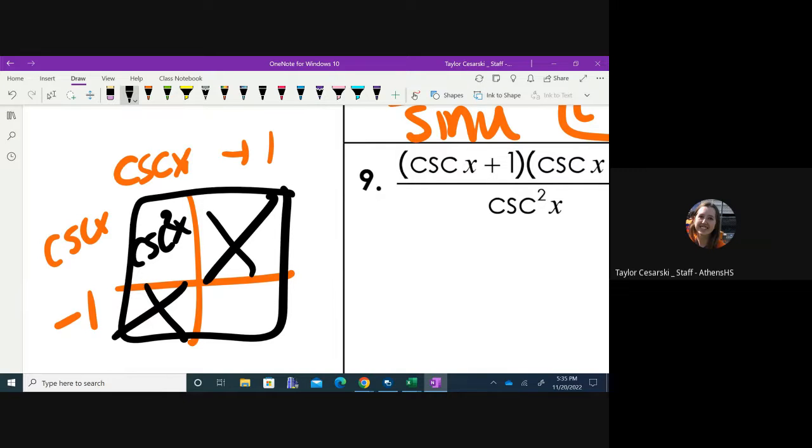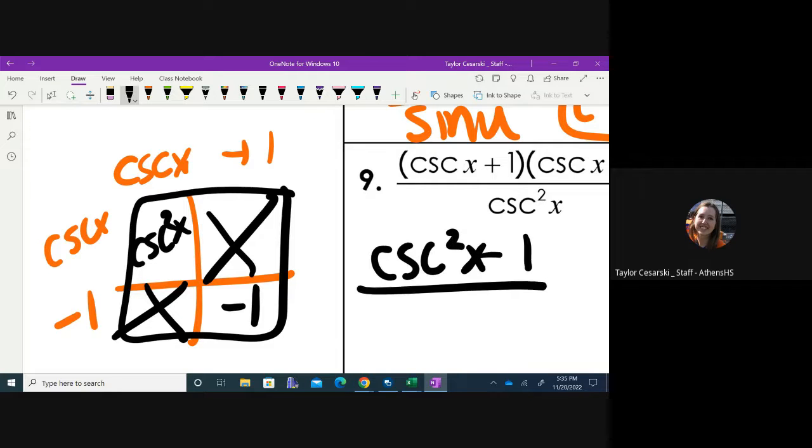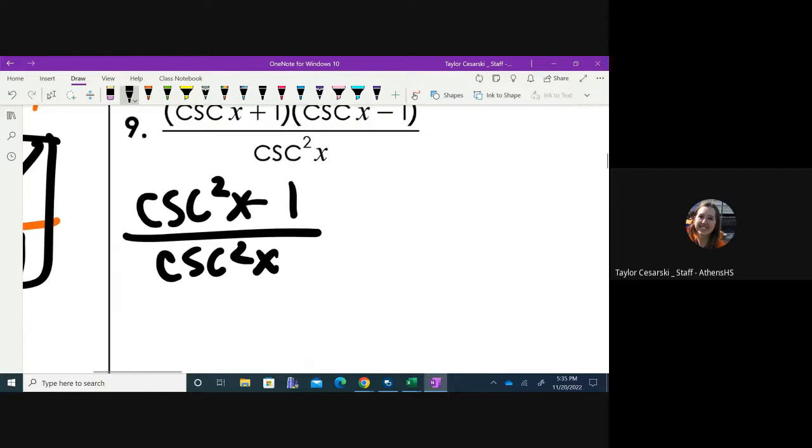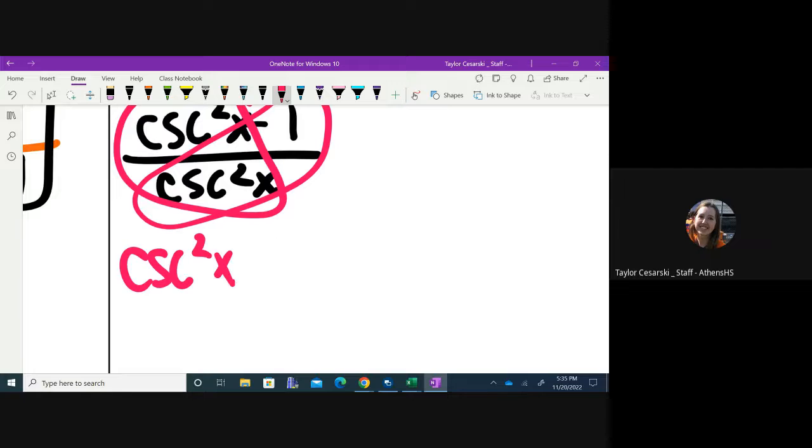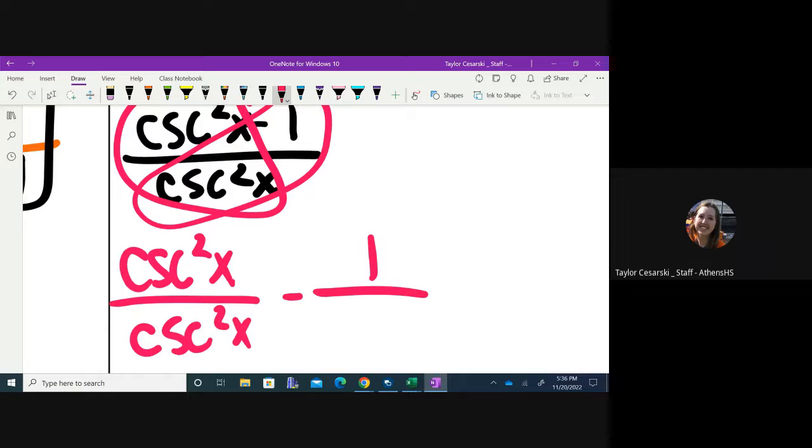These are going to cancel each other out, minus 1 over cosecant squared of x. Anytime there is only one term in the denominator, and only when there's only one term in the denominator, you can break that up into two separate pieces. So that gives me cosecant squared of x over cosecant squared of x minus 1 over cosecant squared of x.